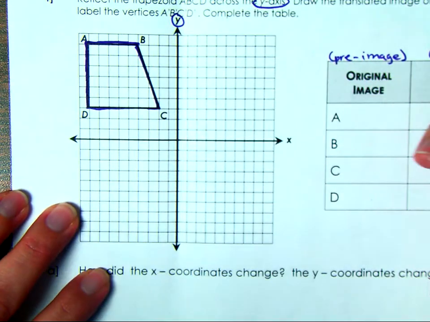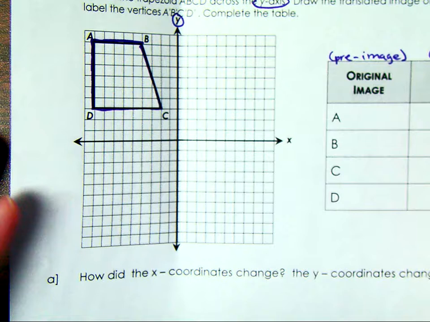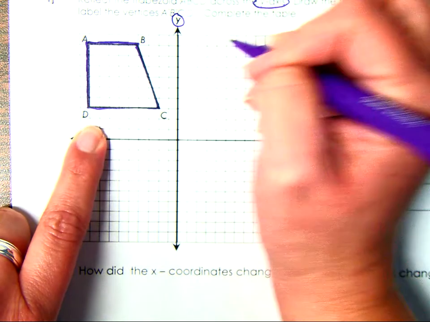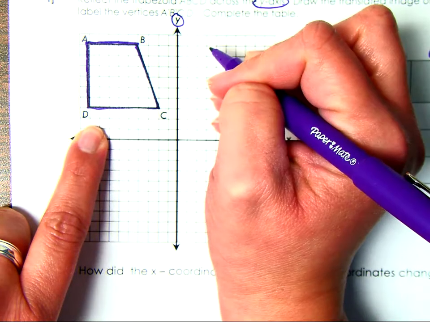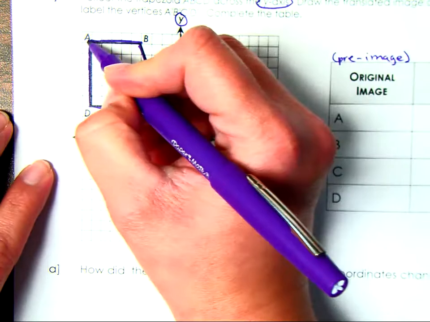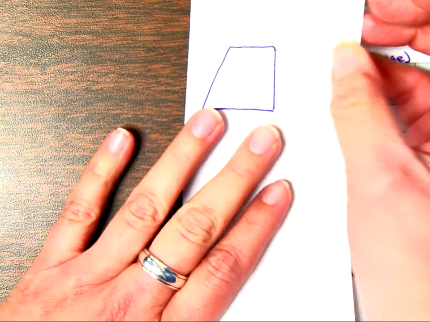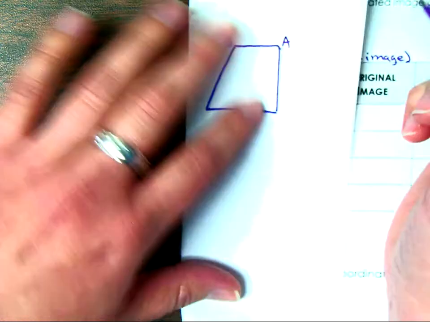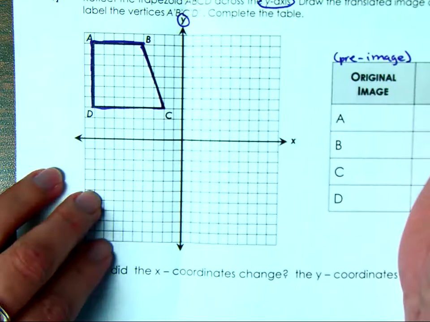So if these are reflecting over, we know they're going to be the same height, but this is A and this is B, and now A is over here and B is over there. That's something to think about too.